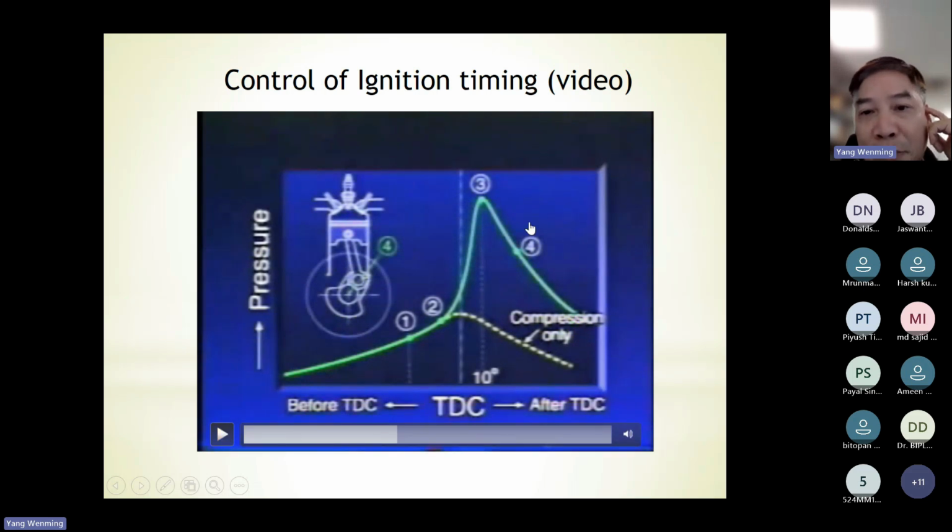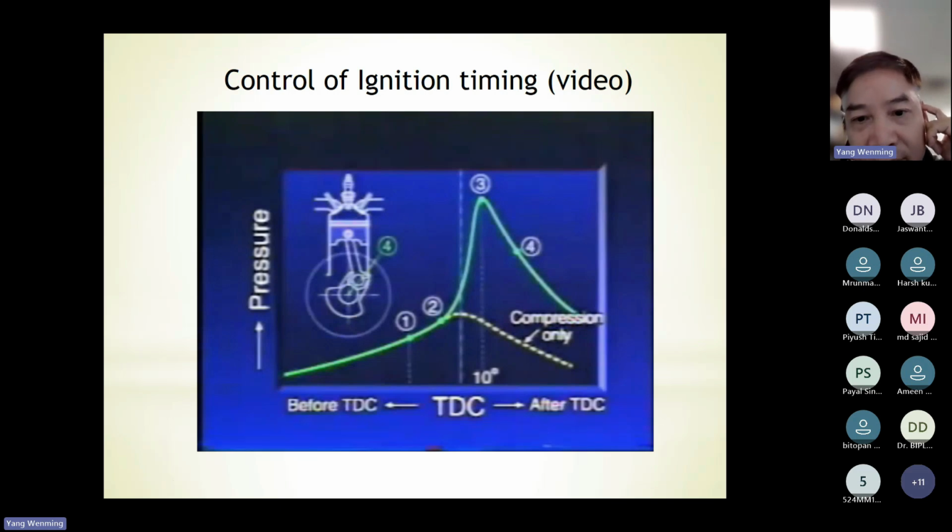Then from point 3 to point 4 is after-burning. So this gasoline engine combustion process is divided into 3 stages. For diesel engines, the combustion process is divided into 4 stages. But actually the whole combustion process is more or less similar.